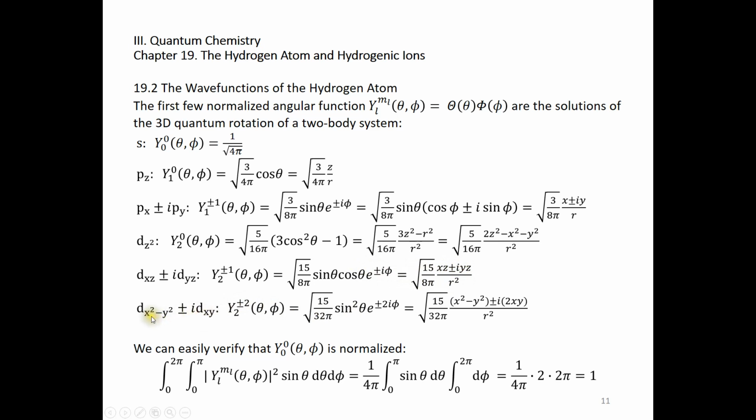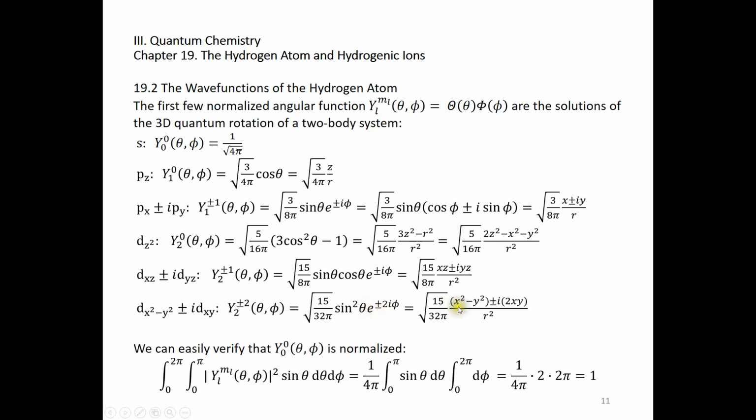And now we have dx squared minus y squared and dxy. The linear combinations of these two can be written as this. You have sine theta squared times e to the power of plus minus 2i phi. E to the power of plus minus 2i phi are linear combinations of cosine 2 phi and sine 2 phi. So we can look at sine theta squared times cosine 2 phi.